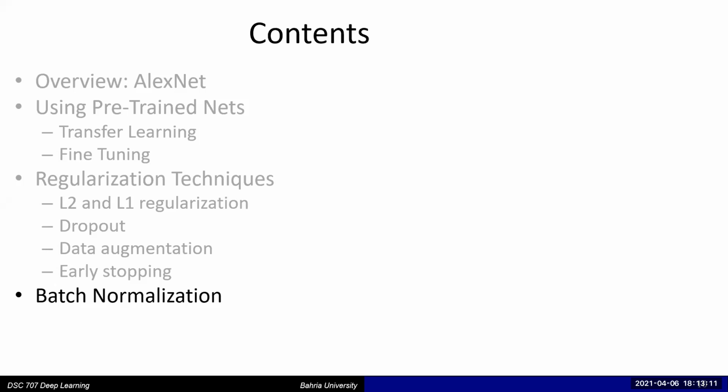Now we'll be moving to our last topic for this particular discussion, which we'll be revisiting in some of the subsequent discussions as well, but the details we'll see within our current discussion. And that is batch normalization. When you see L1, L2 regularization and batch normalization, there are some derivations involved.